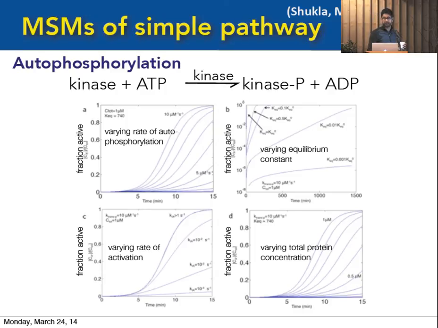The cute thing about this is that, remember, the MSM is just a kinetic model, but it's a very detailed, conformationally aware kinetic model. We can build these kinetic models into models of other processes, like the autophosphorylation pathway, and come up with models that now describe much longer timescales.